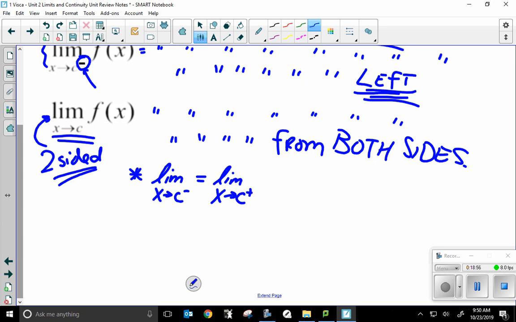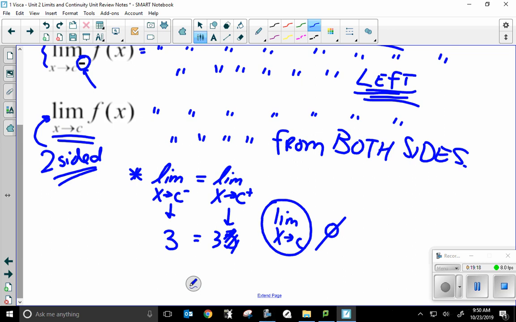So let's say this equals 3 as I approach it from the left, and let's say this equals 5 as I approach it from the right. If this is the case, the limit as x approaches C does not exist. These have to be the same in order for this to have a limit.